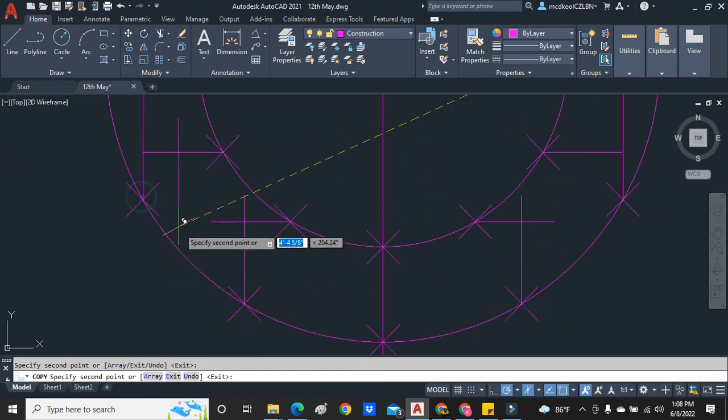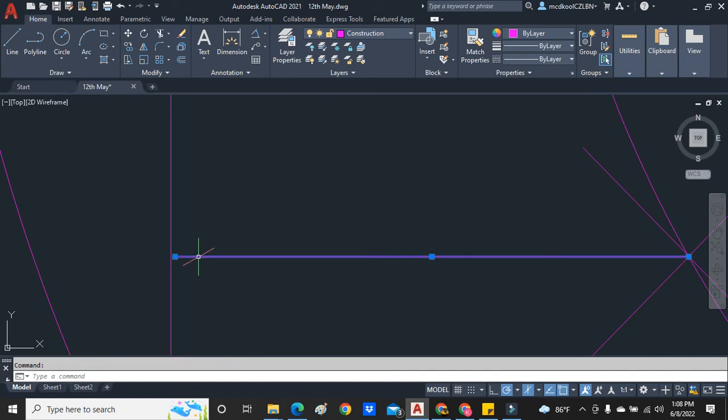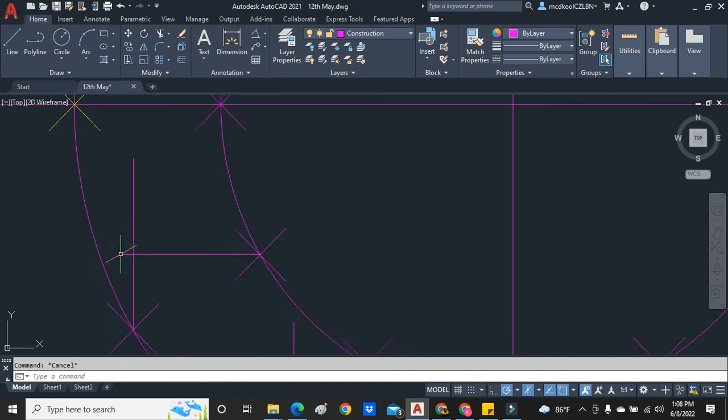So I just copy these. Let me see if these meet. Carry this across a little more.